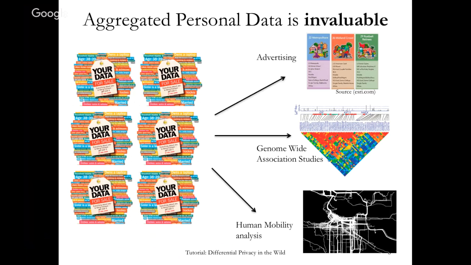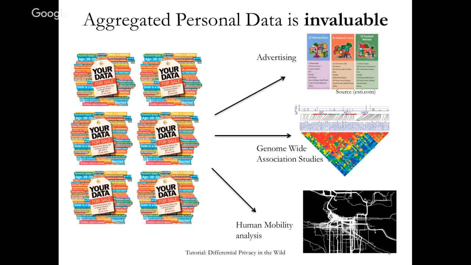The information we disseminate through web searches is used for advertising. The information collected about our genomes is used for genome-wide association studies that push the boundaries of what we know about medicine. And our mobility patterns, collected through our cell phones, can be used for mobility planning, city planning, and so on.